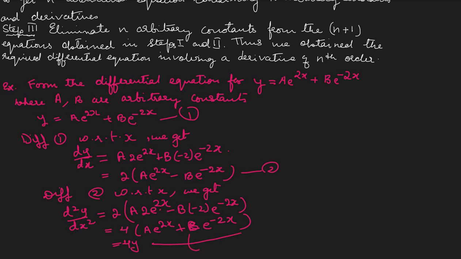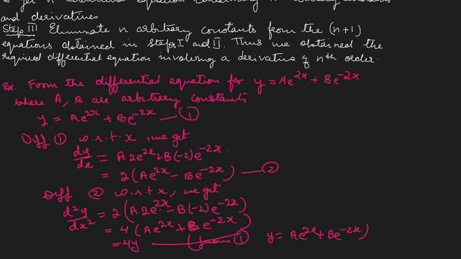So you have 4y from 1, because what is 1? y is equal to a e to the power 2x plus b e to the power minus 2x. To eliminate a and b, I am just replacing this term by the value of y, because this whole thing is equal to y.